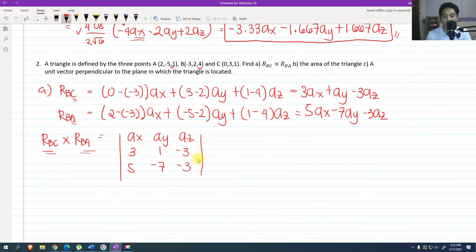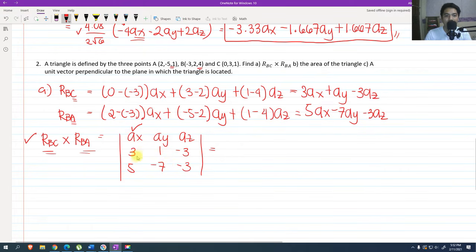So the cross product results in a vector quantity. So to perform the cross product, what we need to get is actually what? If we need to get AX, what we are going to do is completely block our AX column here, and then perform the determinant of AY and AZ. Okay, so how do we do that?